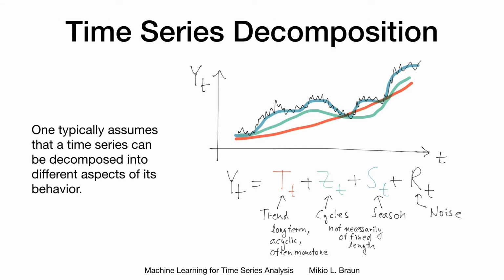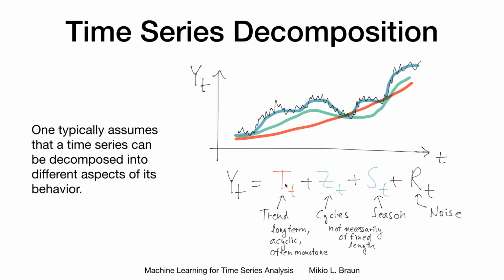If you read classical time series analysis books, this is always the first step. A very central assumption about time series is that you have many different kinds of dynamics in the time series, and these are additive. Let's say these are seasonal unemployment numbers or something. You have different components, given as follows.